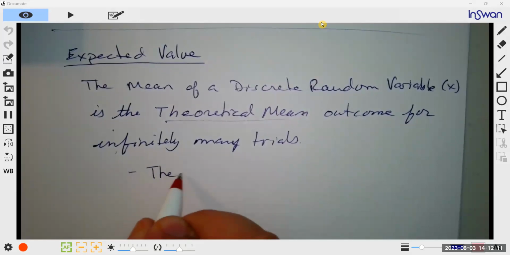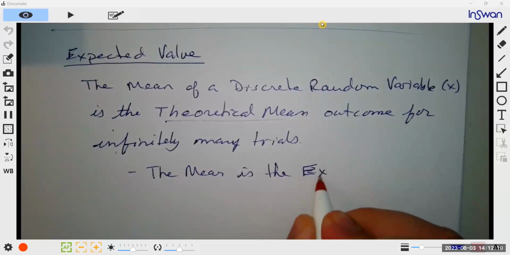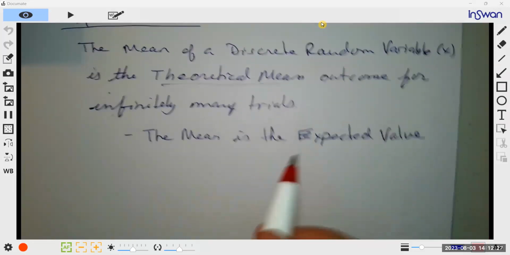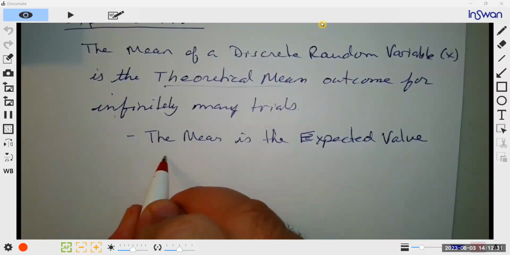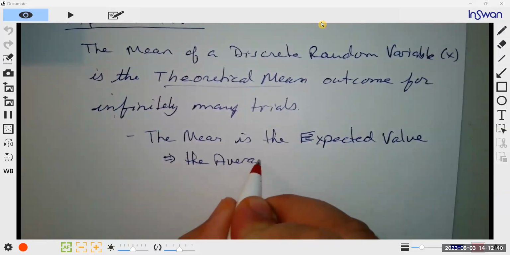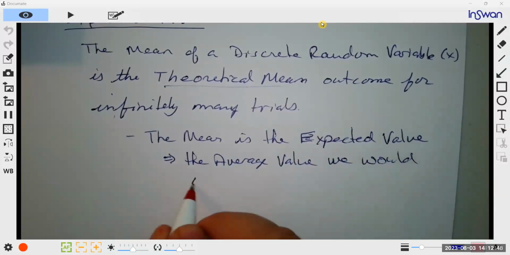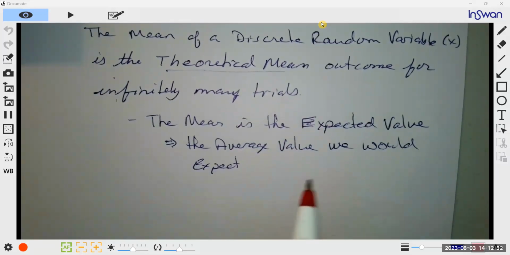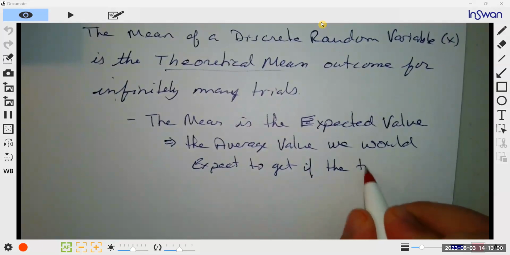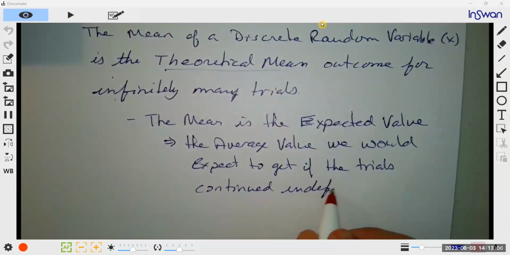So the mean is the expected value, meaning the average value we would expect to get if the trials continued indefinitely.